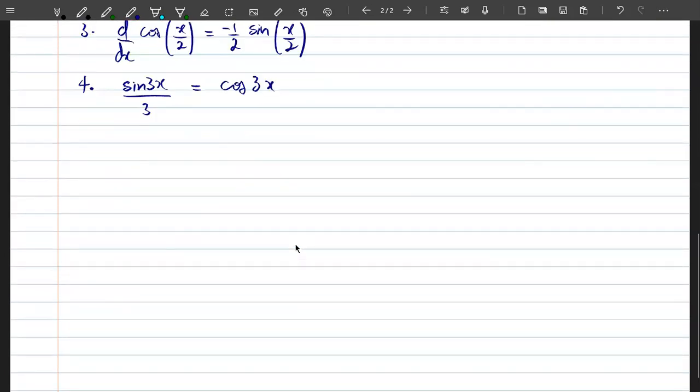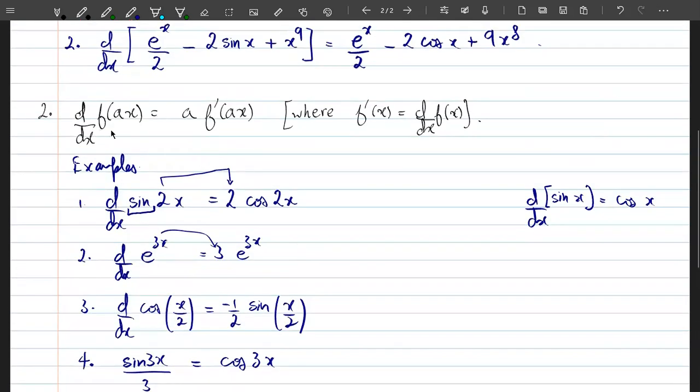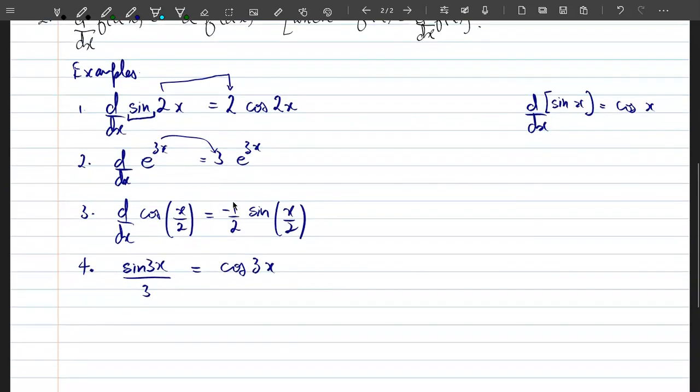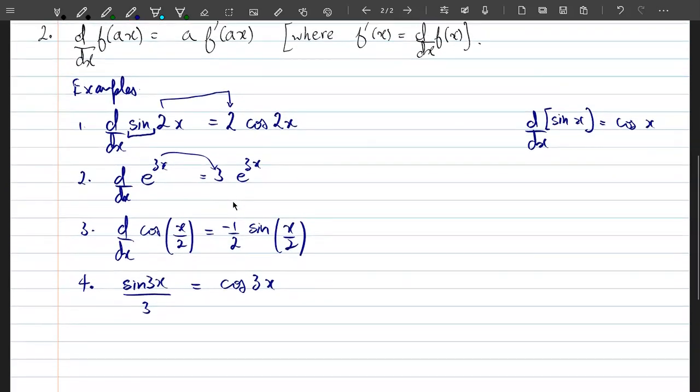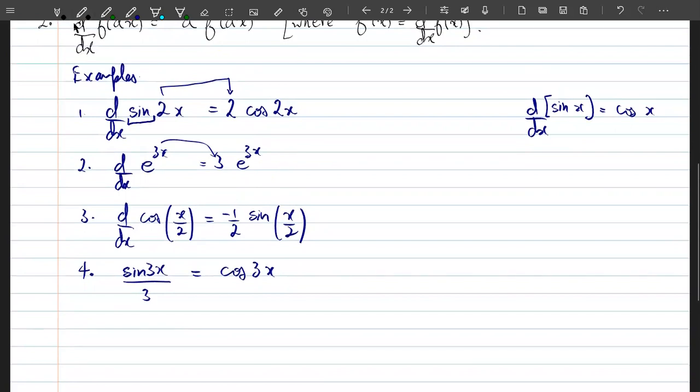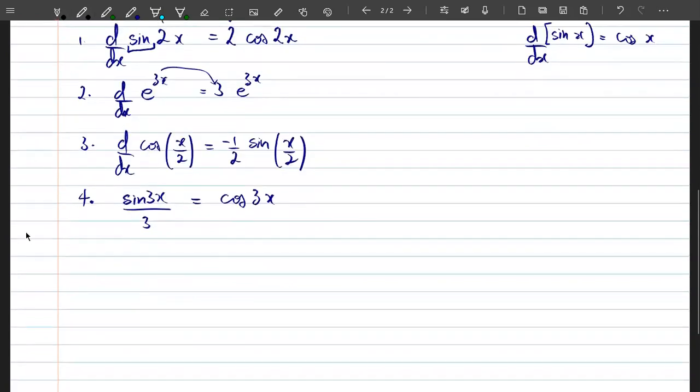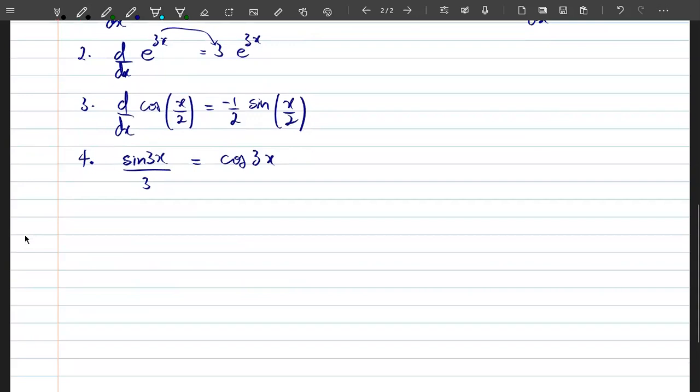Okay. Now this property, which is also very useful like linearity, is a special case of the more general property called chain rule. So chain rule requires an even better understanding of the notation.